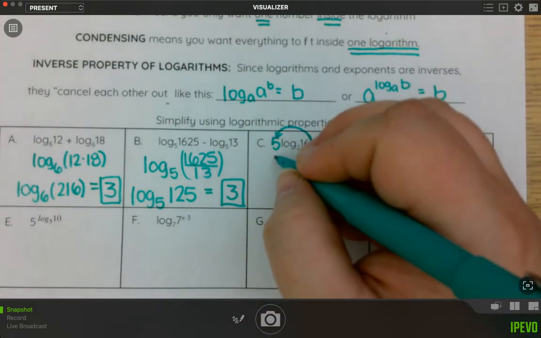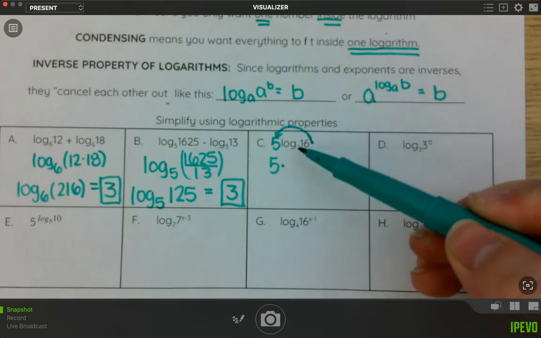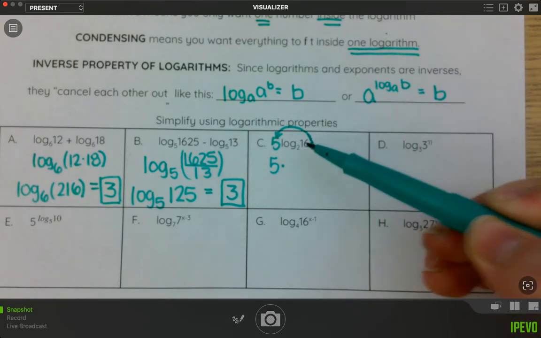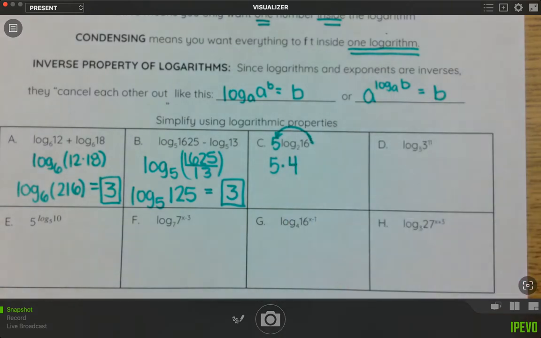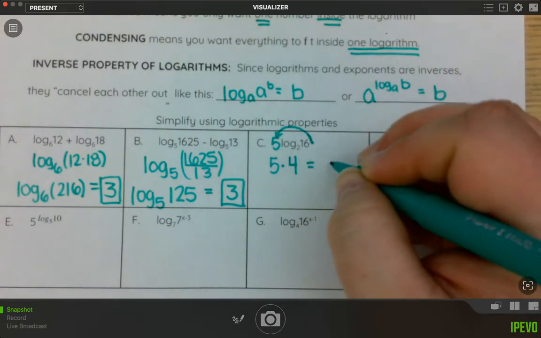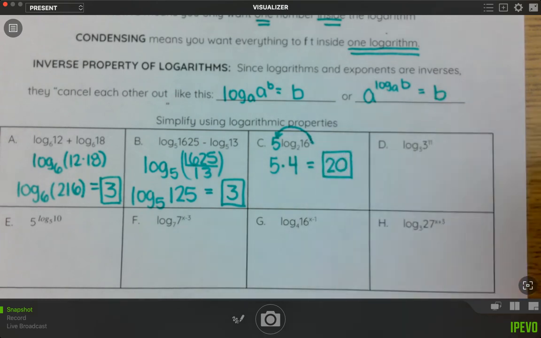So now I can do 5 times whatever log base 2 of 16 is. And this is a much easier problem to work on because we're just looking for the power of 2 that gets us to 16, which happens to be the 4th power. And 5 times 4 is 20. Boom.